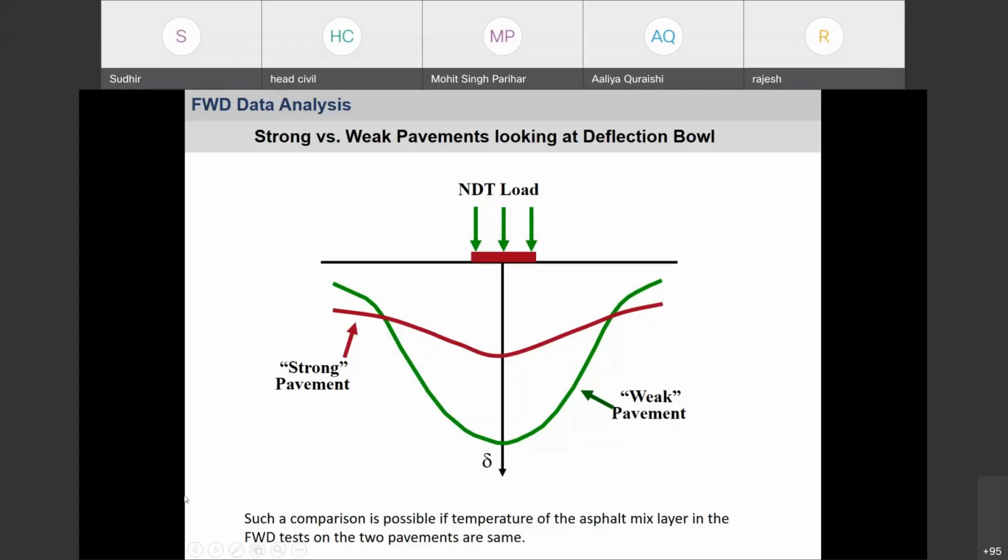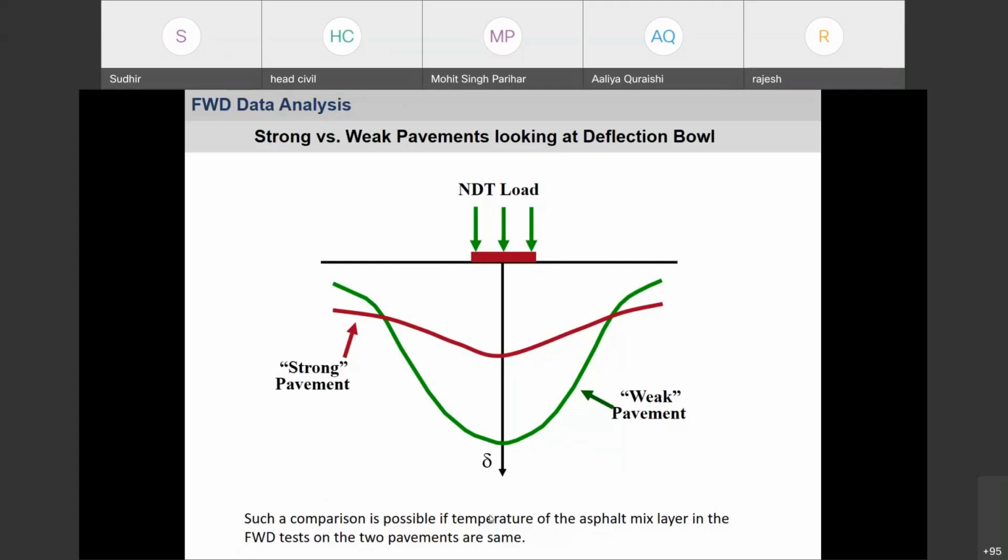Why may it not be a good approach? Because when you are conducting your pavement FWD test on your pavement structure at two different points, the test temperatures might be different. For example, let's say at location A, the pavement temperature was 20 degrees centigrade, versus at location B, where the pavement was tested after 1 hour, and because of this time gap, the pavement temperature was 30 degrees centigrade.